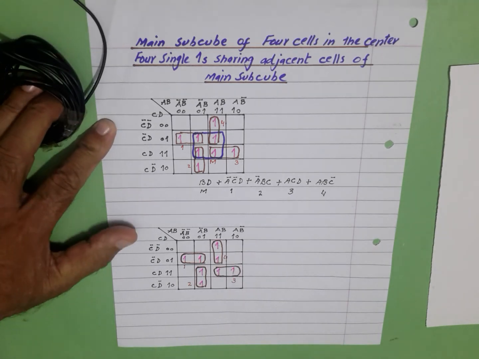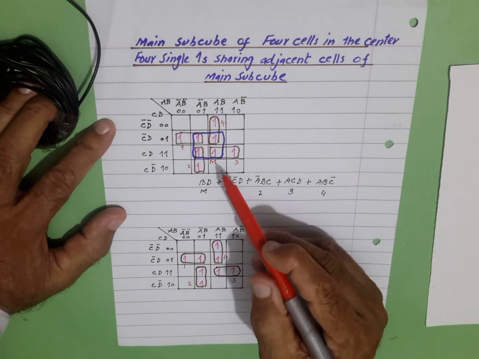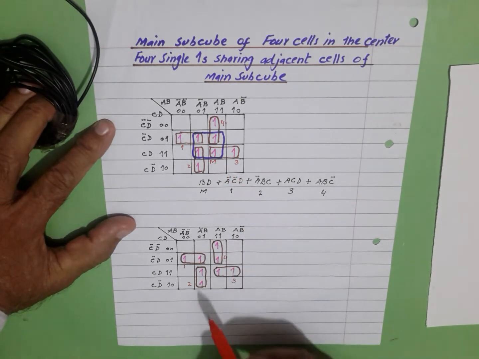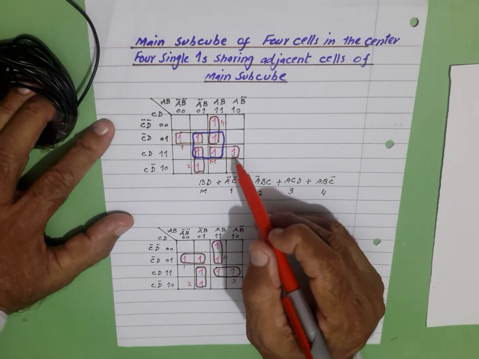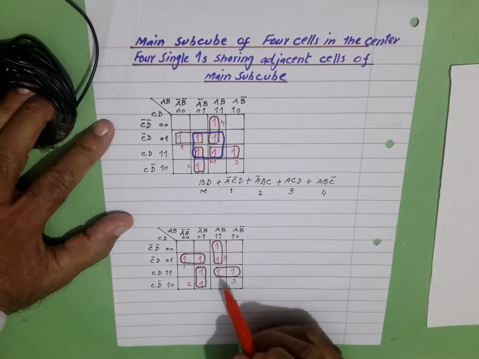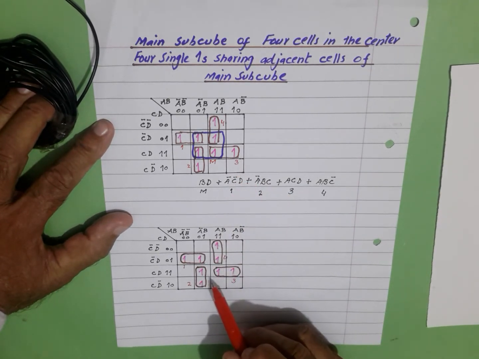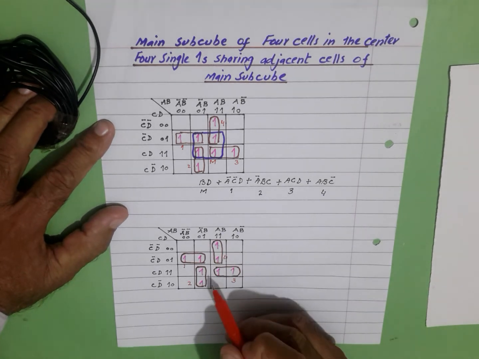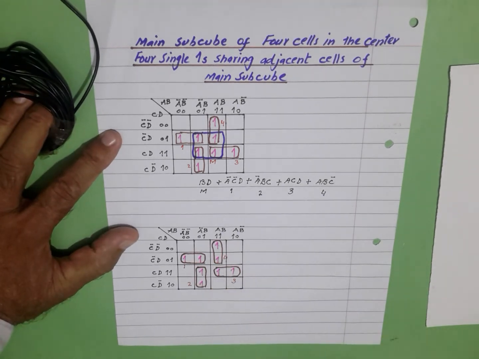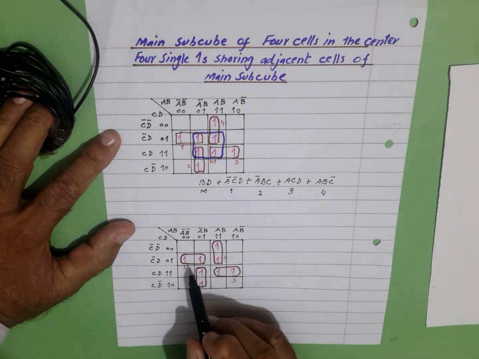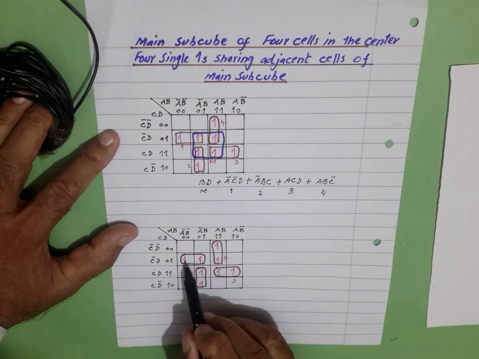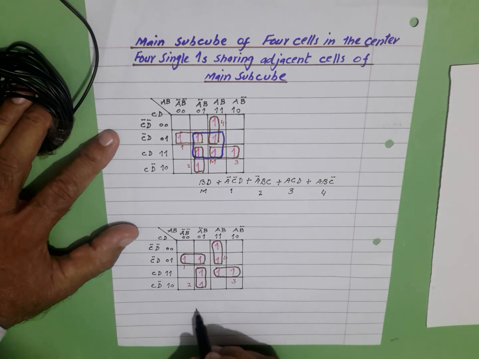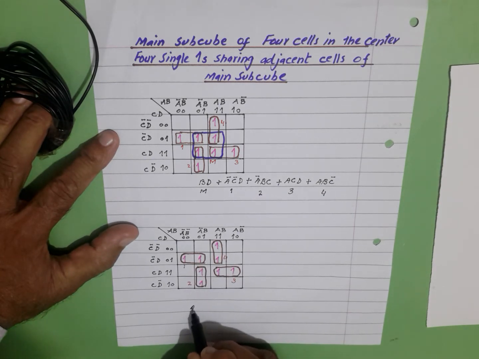Now the same 8 min terms, 4 in the center and 4 single ones, the same 8 min terms we can solve by a second method of K-map. Let us now write the equations. Let us write for the first loop, it is vertical column from this column to this column. It is A bar is not changing.